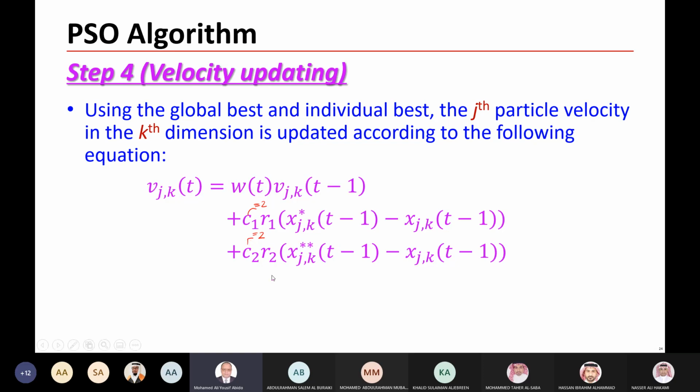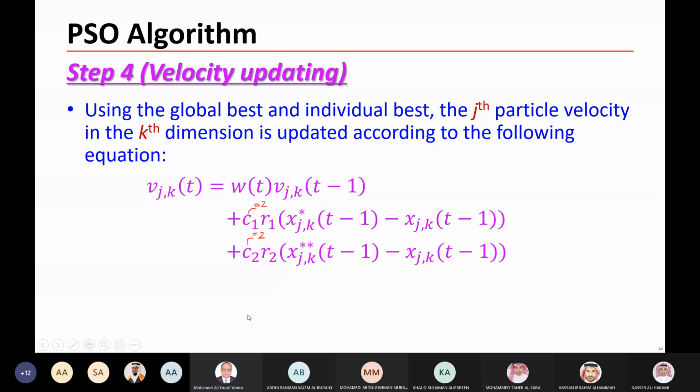And this, of course, will be repeated for each particle, for each dimension. This is for dimension K: the velocity of dimension K and all these positions of the K optimized parameters. For T1, we will repeat this. For T2, we will repeat this.